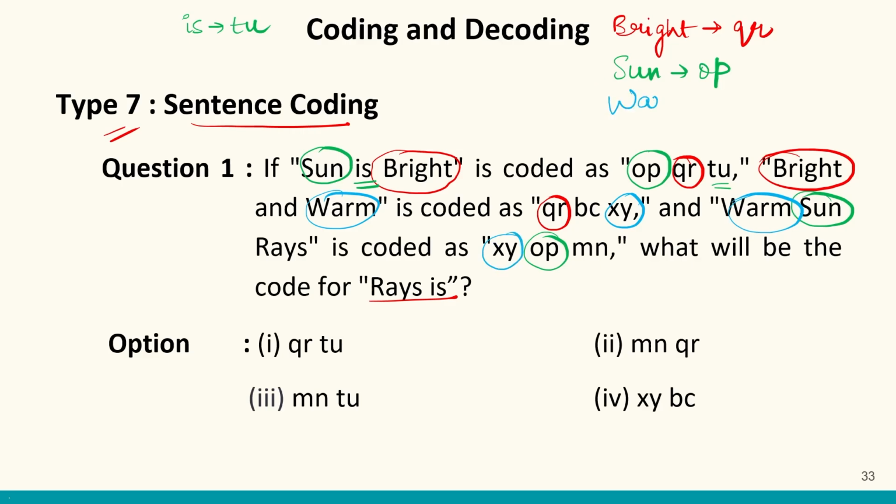So warm is coded as XY. So in warm sun rays, only rays is the word that is remaining and only MN is the code that is remaining. So rays will be coded as MN. So our answer will have both MN and TU, which is option number 3.